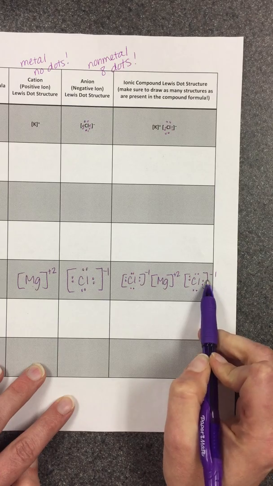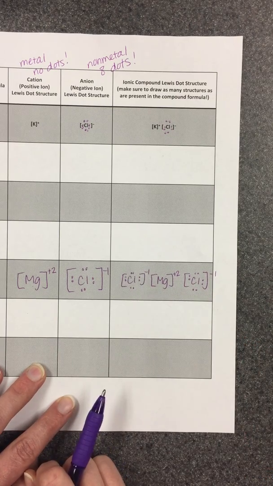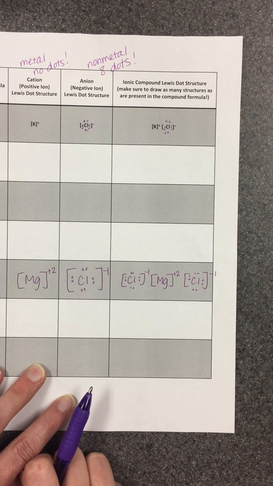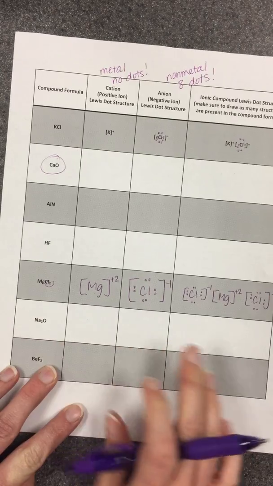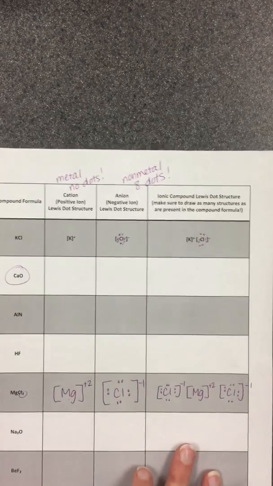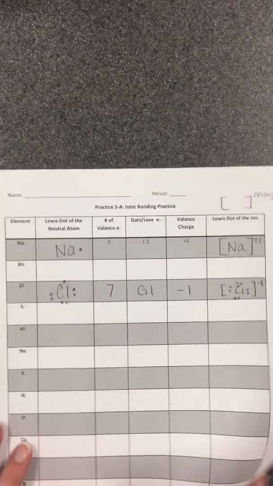So this chlorine accepted an electron from magnesium, the other chlorine accepted an electron from magnesium, and that's why magnesium chloride always has 1 magnesium and 2 chlorines. Anyway, this is how you finish the back of your homework, and so this assignment needs to be completed and brought back tomorrow.